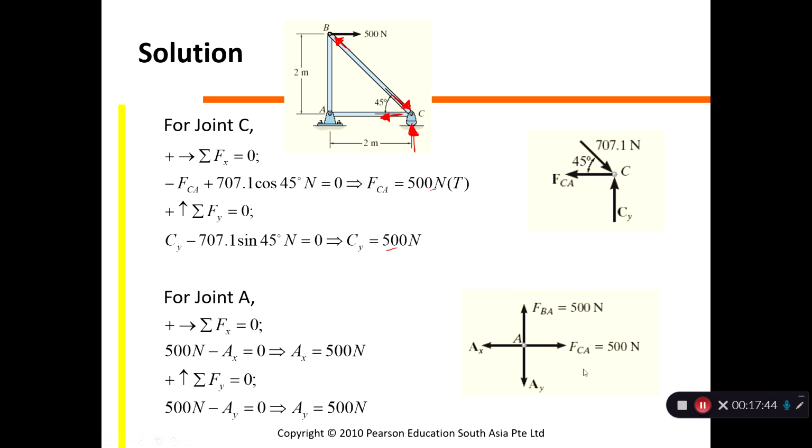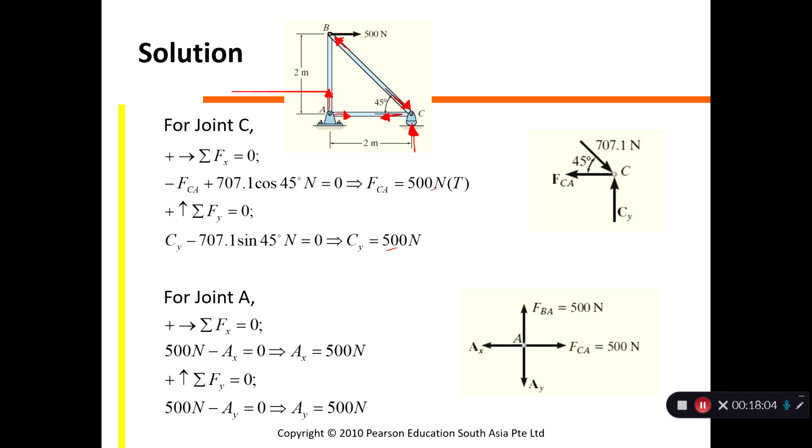Joint A, initially we had 4 unknowns, but now FBA and FCA are known. And the direction, of course, you still need to draw the FBD. Look at this diagram. This is going to the left, so therefore this is going to the right. This is going upwards.